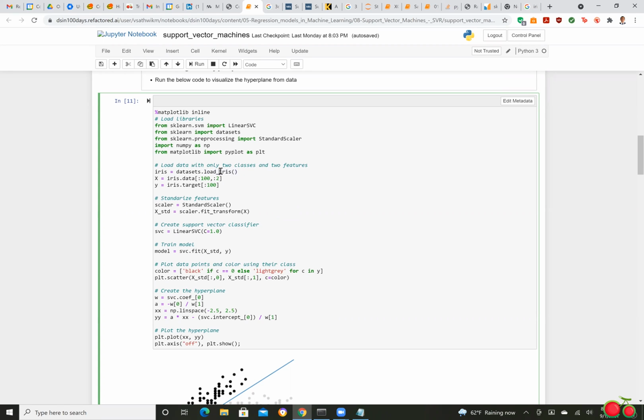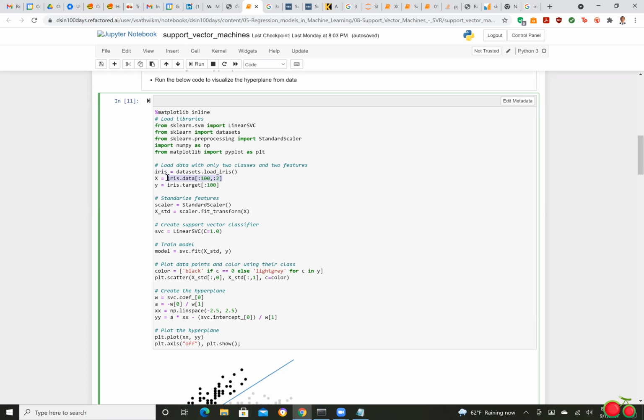It's a function, and it's a function in the datasets module of the sklearn library. So you're calling this function, and when you call it, it picks the iris dataset that it has in memory and stores it in this variable iris here. Then in this case, you're picking two variables, up to 2 and the first 100 samples.